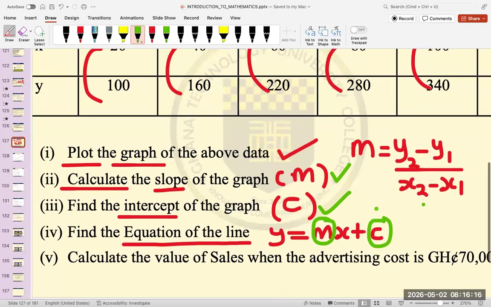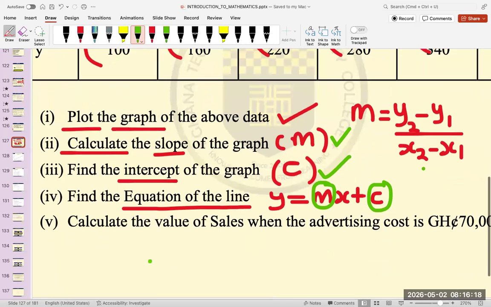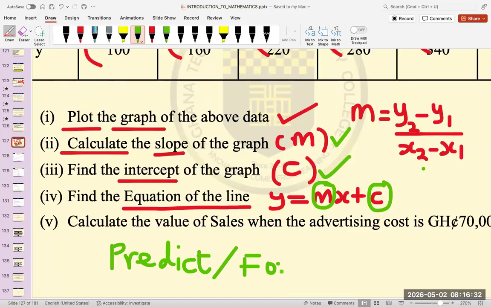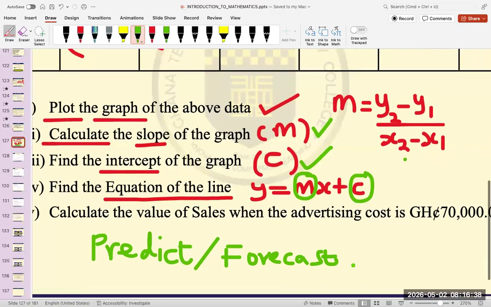Now, once you have your equation, you can use your equation to predict. You can use it to predict future sales, or you can use it to forecast future sales. And that is what a lot of the companies do.